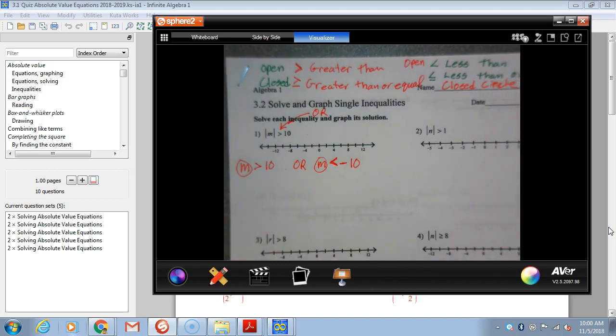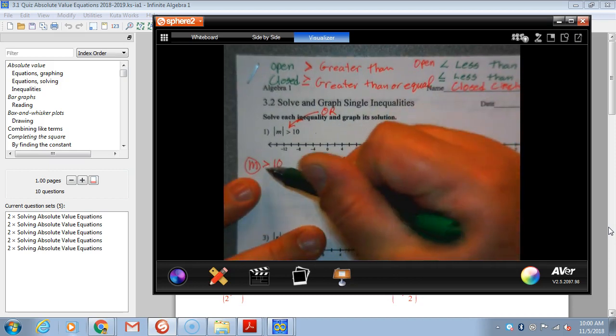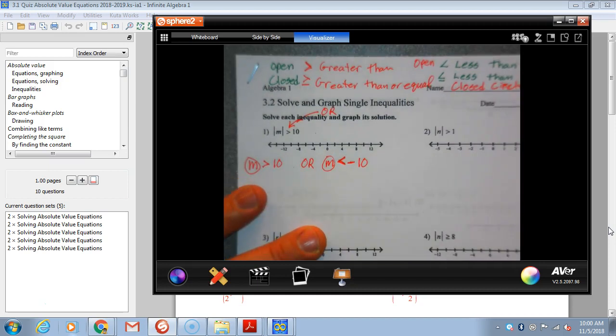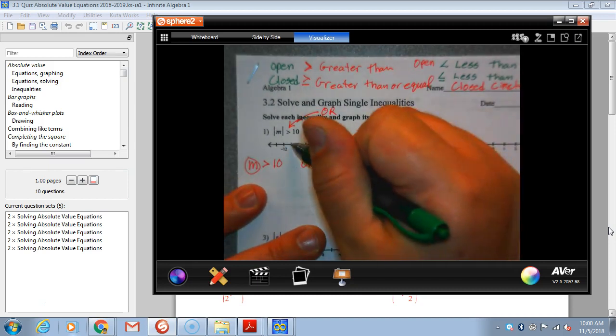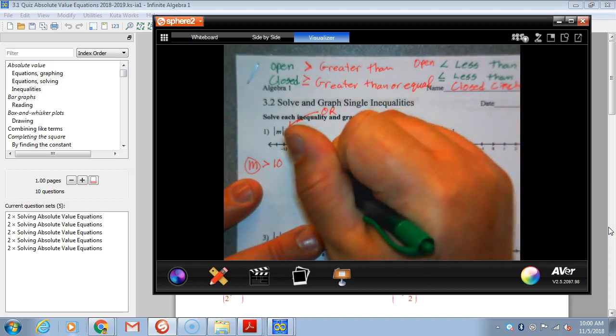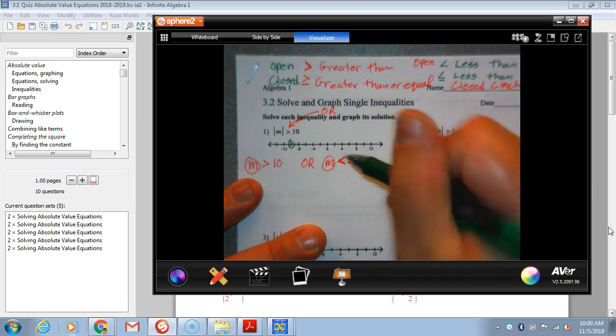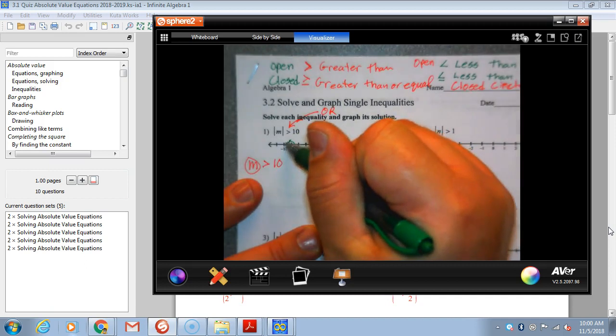Okay, so when we're looking at our problem graph here, our answer is m is greater than 10, or m is less than negative 10. So they're going to be open circles because there's no equal signs with each one of them. Here's negative 10. I'm going to have an open circle, and I want all of those numbers less than negative 10, or just follow the sign of the arrow.